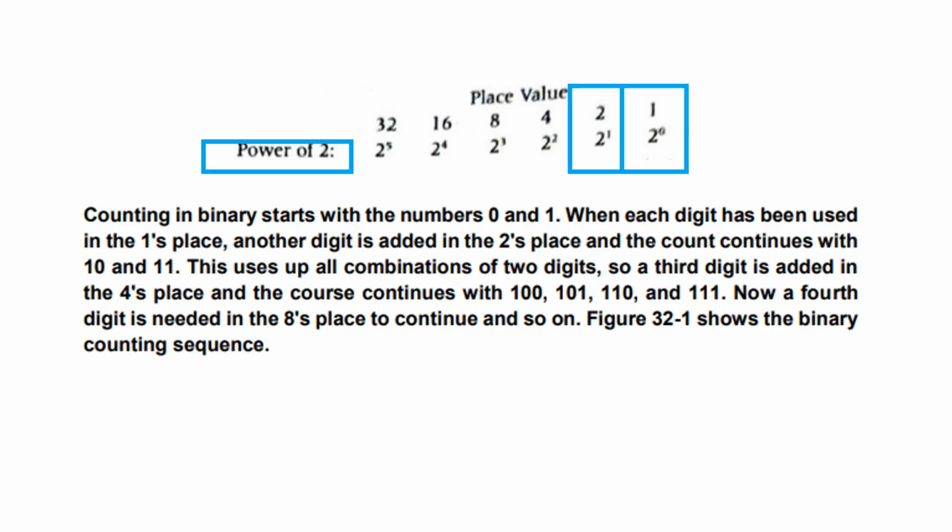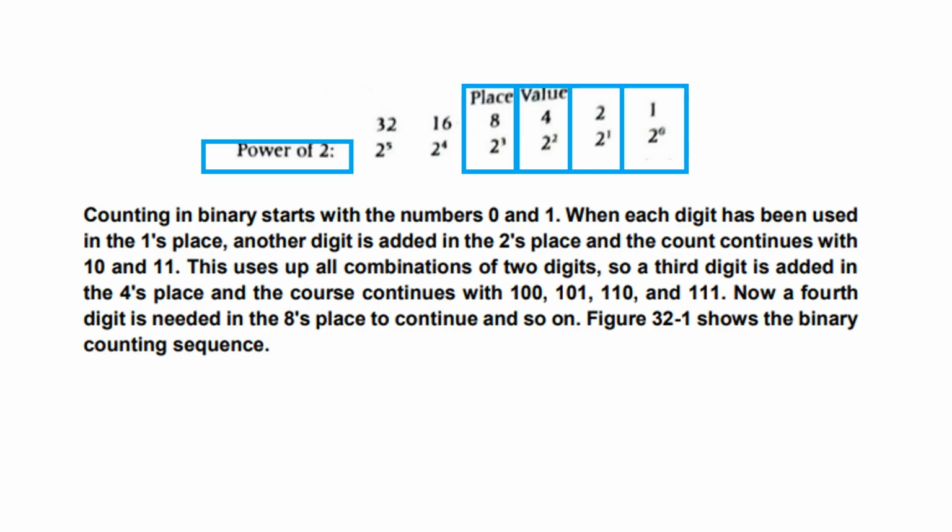So counting in binary starts with the numbers 0 and 1. When each digit has been used in the first place, another digit is added in the second place, and the count continues with 10 and 11.